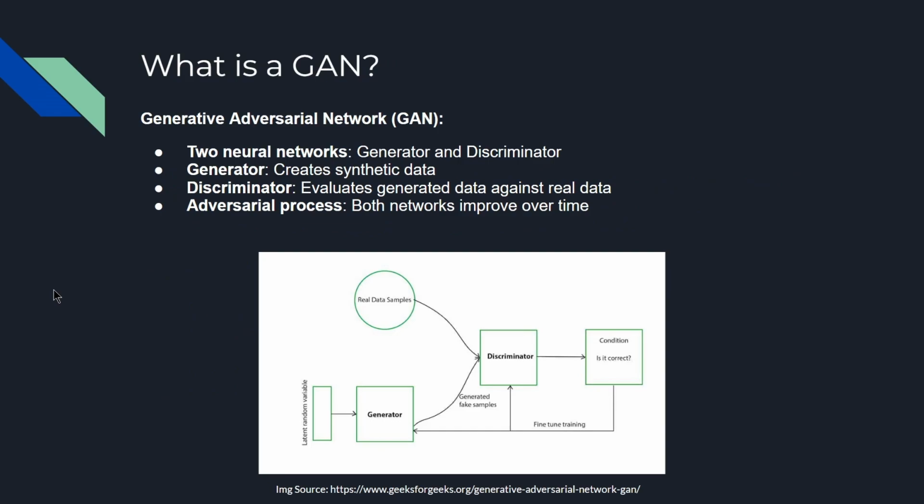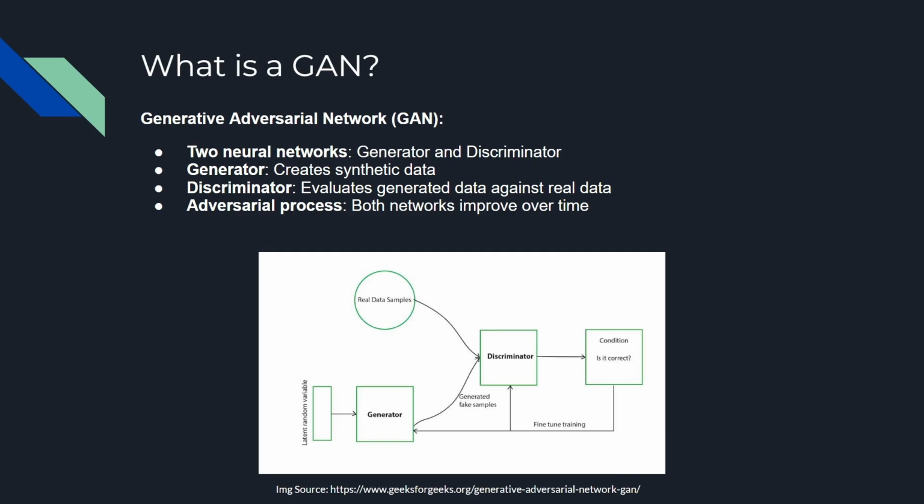A GAN, or generative adversarial network, is a type of AI model that consists of two neural networks, the generator and the discriminator. These two networks work against each other in a competitive setting. The generator's job is to create synthetic data, such as images or anything else, by learning from a set of real data. Its aim is to produce outputs so realistic that they can't be distinguished from actual data.